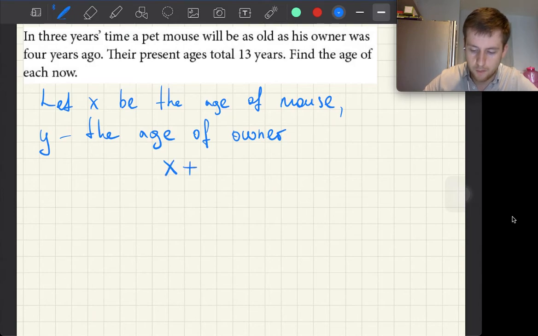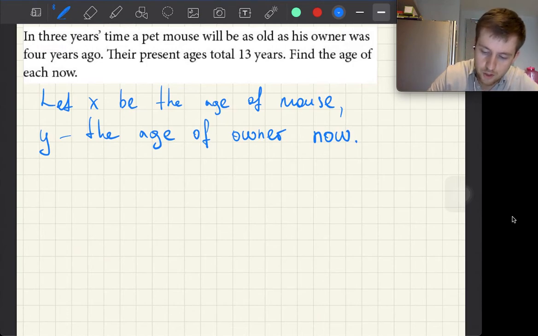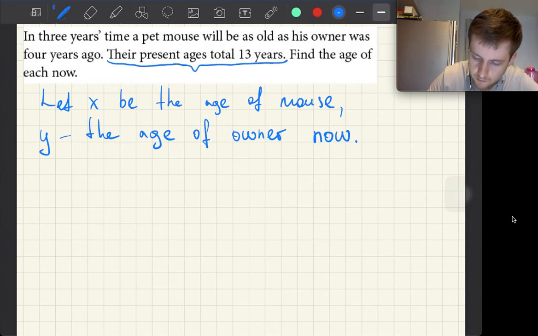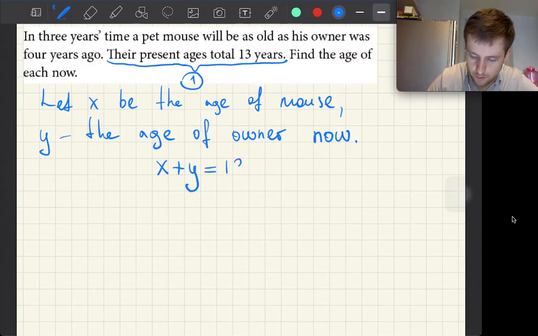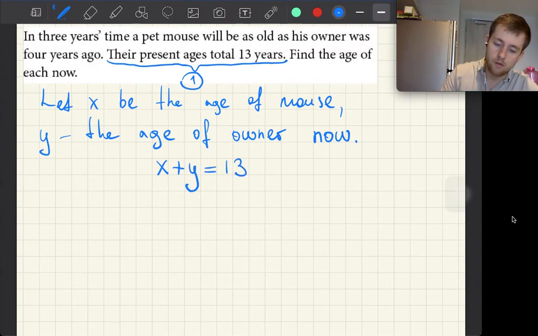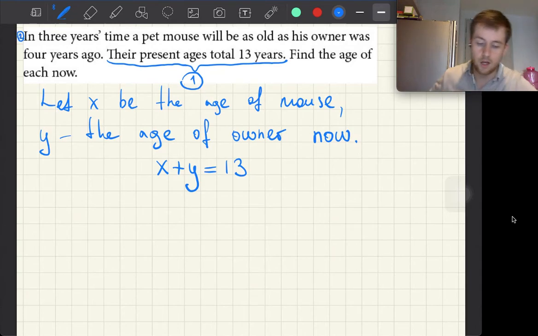So x plus y, the age of the owner now, not in the past, but right now. We know that their present age is total 13 years. So that's going to be our first equation, our first fact. So we have x plus y equals 13.